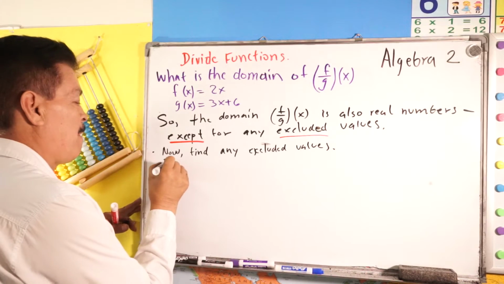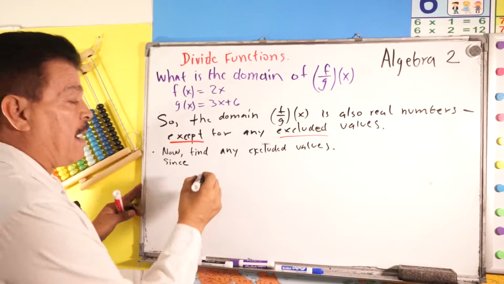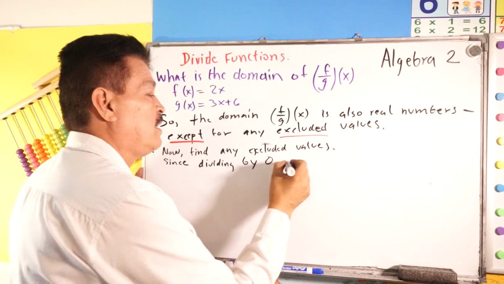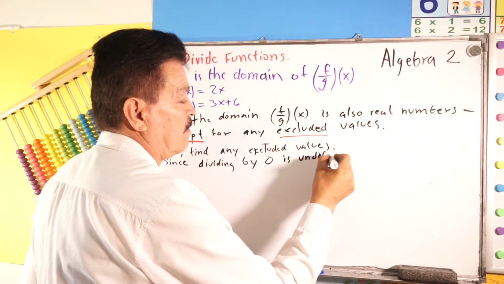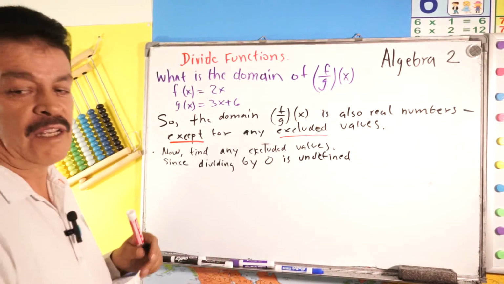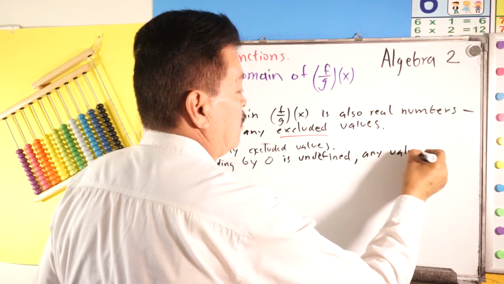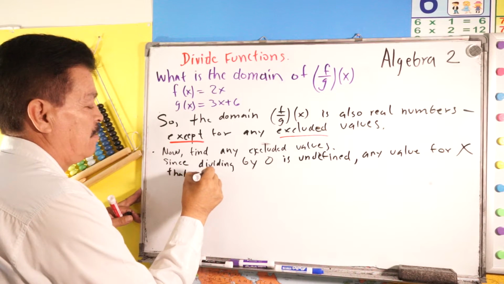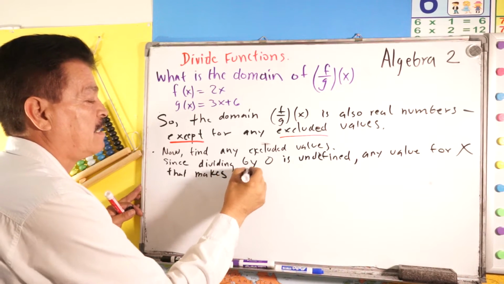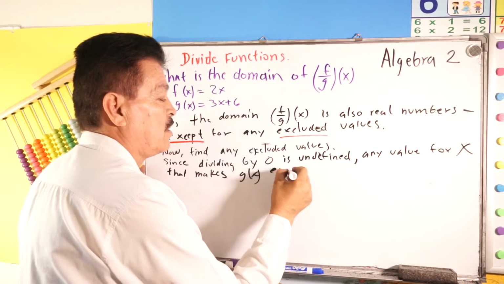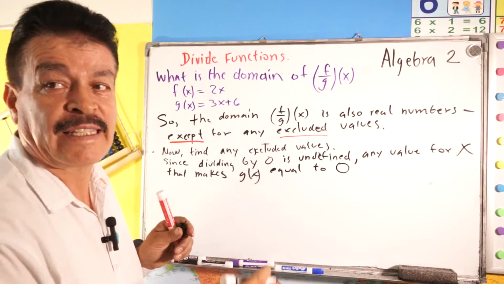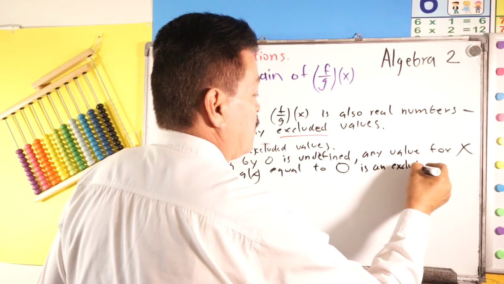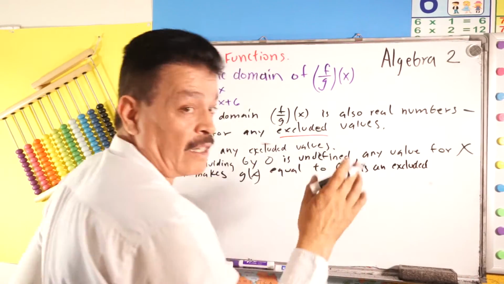Since dividing by zero is undefined, any value of x that makes g(x) equal to 0 is an excluded value.